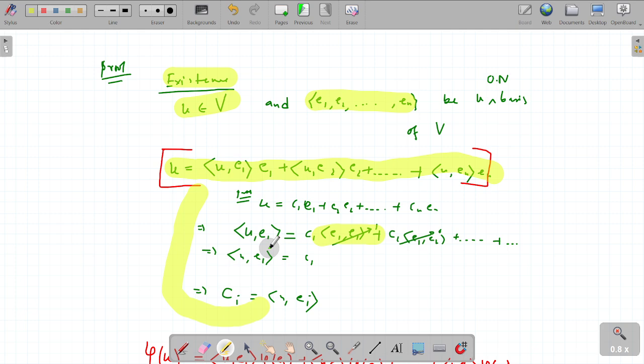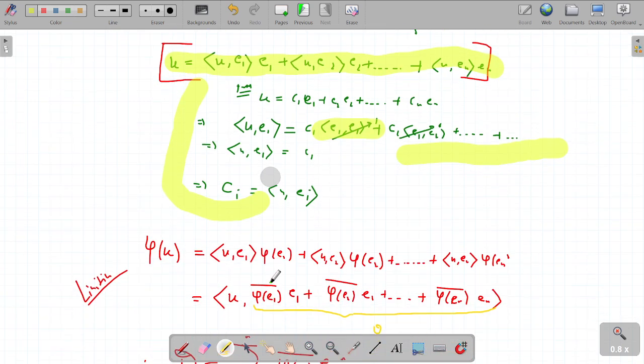Let's say this is e1. Then only this term is left, and the remaining terms go to 0, because the inner product of e1 comma e2 is 0, and the inner product of e1 comma e1 is 1. So I get c1 equal to the inner product of u comma e1. Similarly, I can find the values of c2, c3, ci.